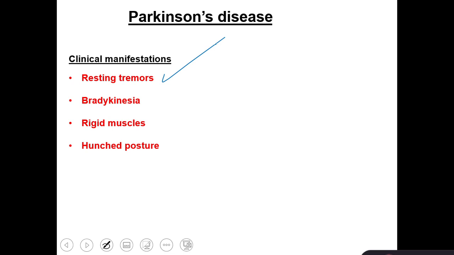The fingers will move like you are counting money, for example. Also, there are sometimes involuntary movements of the feet. So we call that resting tremors because they happen during rest, because the basal nuclei are now damaged and they are not able to prevent those unwanted movements.